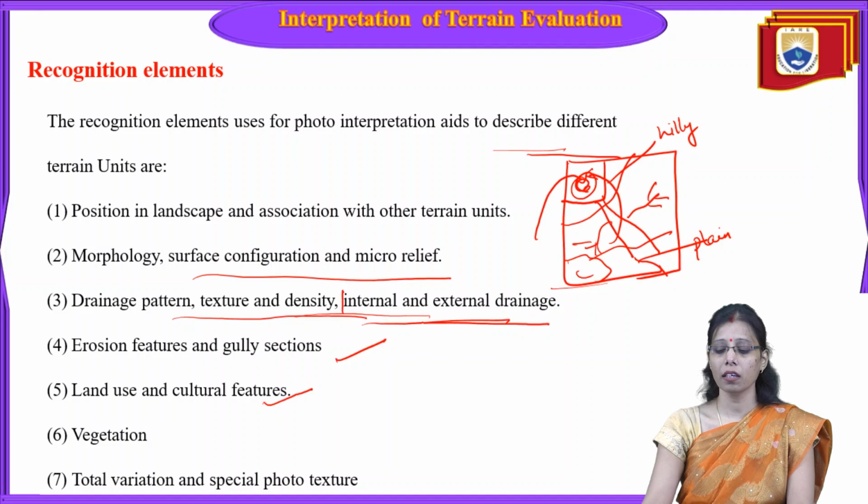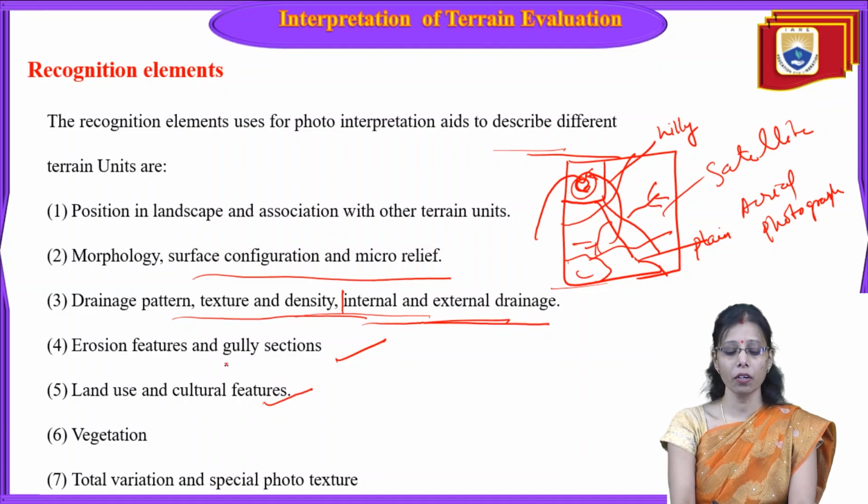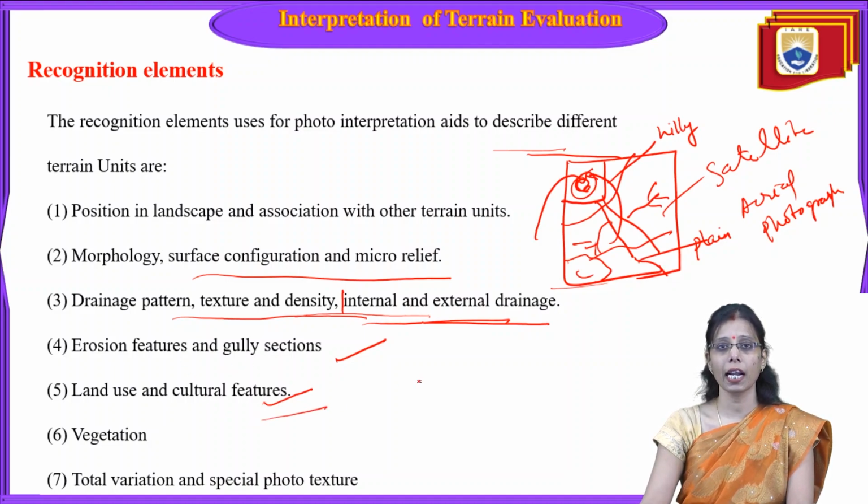Once we see a satellite image or aerial photograph, we will see that many of the features are land use. Land use means the land is utilized by human beings. Human beings utilize the land for their purpose, like for agriculture, buildings, and transportation. How the land is utilized, that also we have to consider in terrain evaluation.